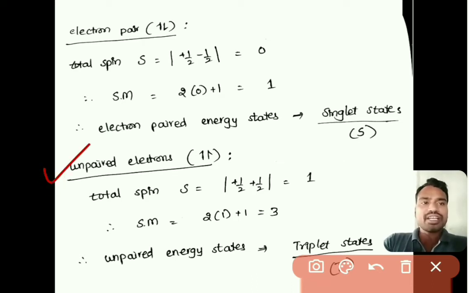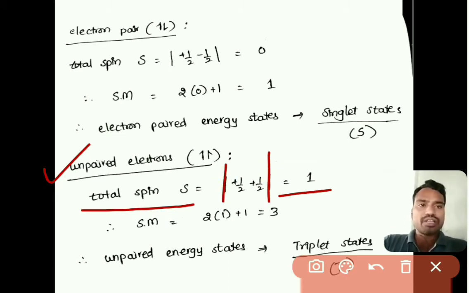So for unpaired electrons, the total spin s equals mod of plus half plus half, or mod of minus half plus minus half, so that equals 1. We can take both as plus half or both as minus half, but the overall total spin equals 1, because we are using the mod value.